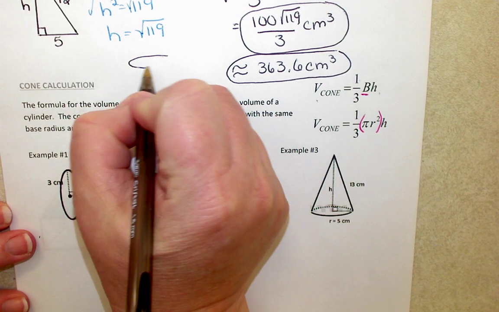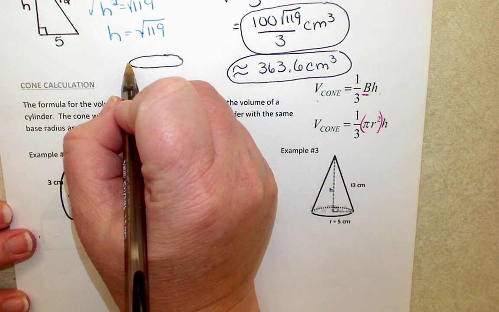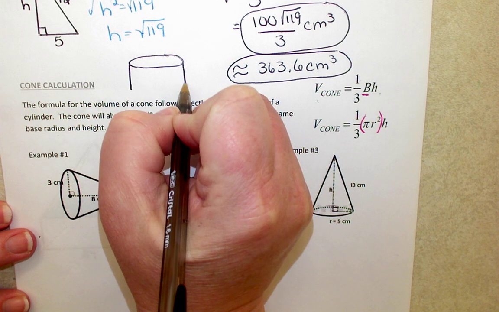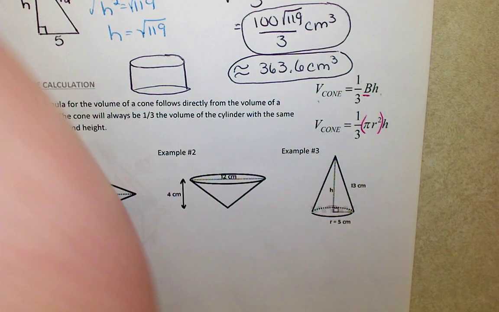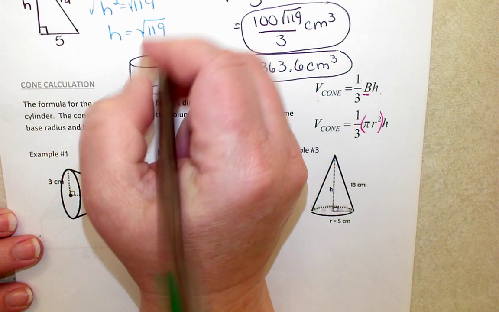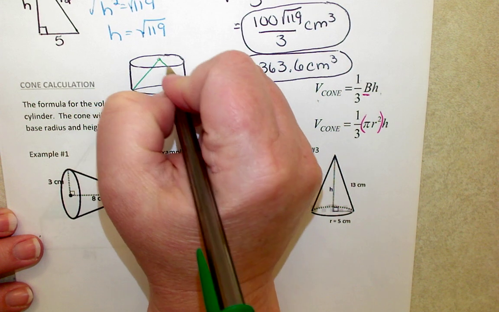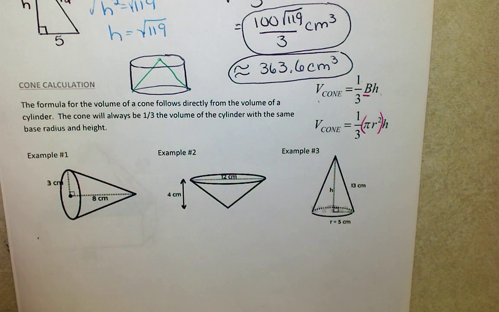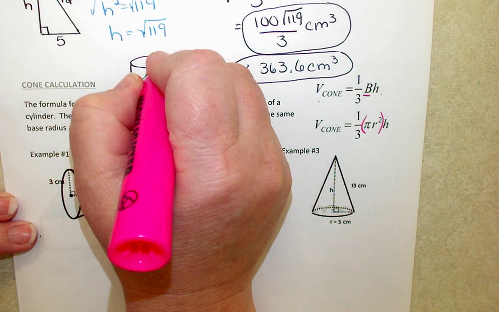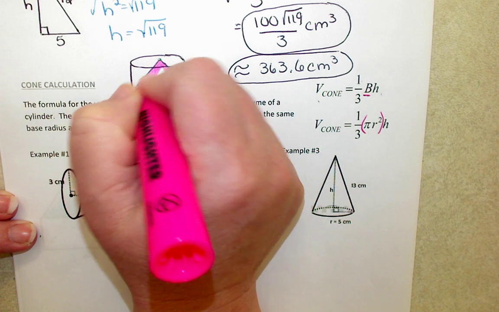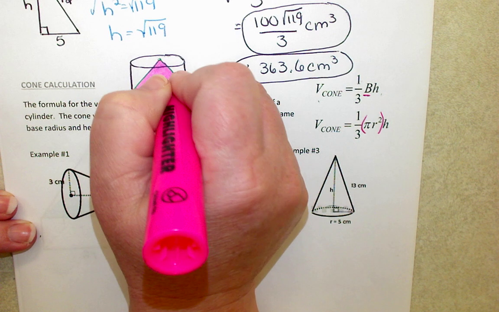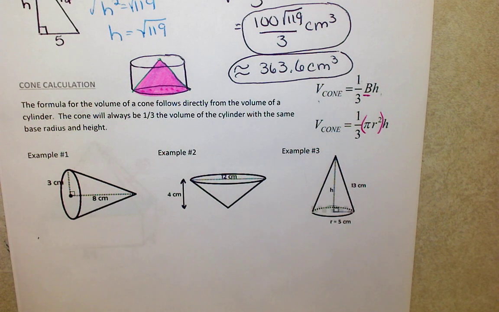So again, just like with a prism and a pyramid, a cone is cut from a cylinder, and it is 1/3 the volume of the cylinder.